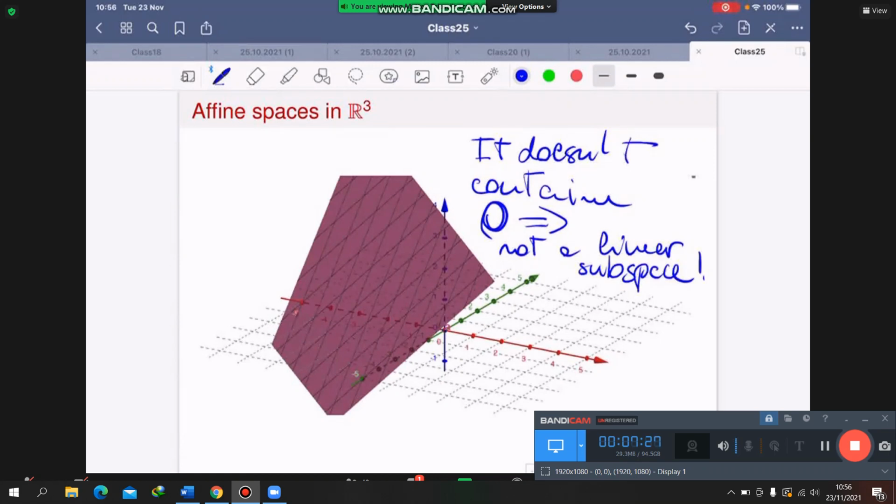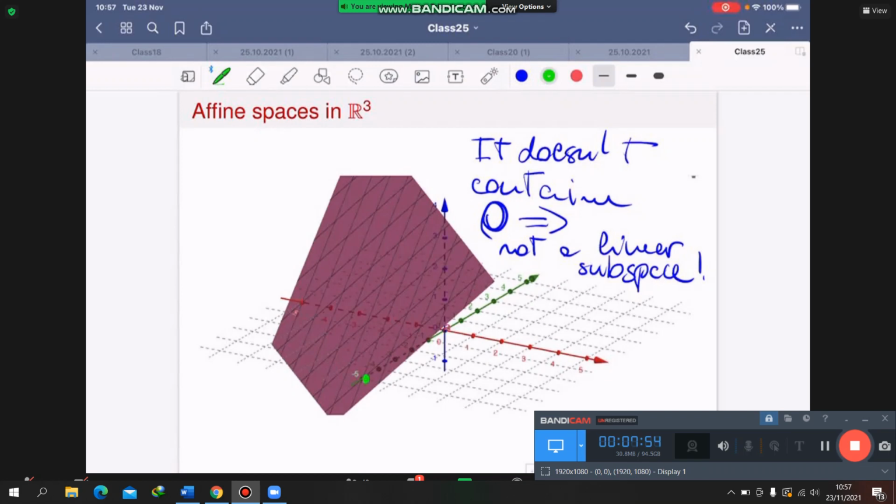But try to think how we can obtain this plane. You can translate this plane. Let me try to find a good color.